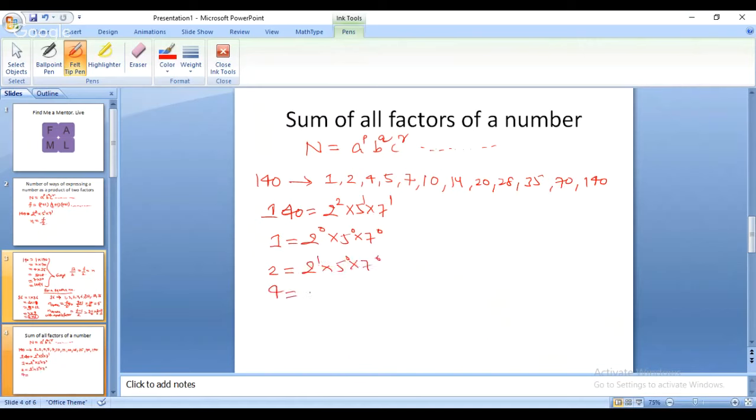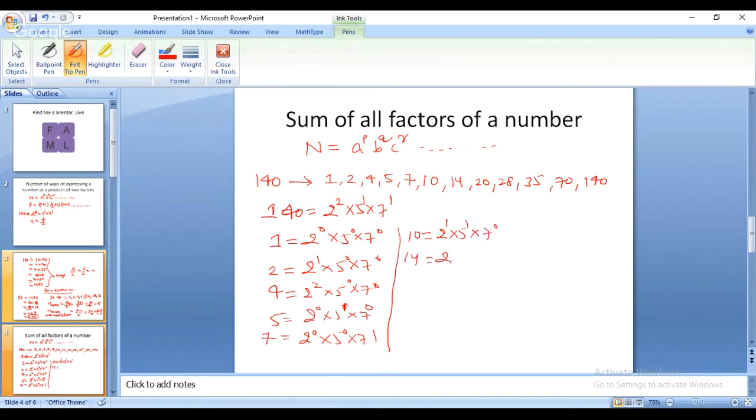If we put 4, 2 to the power 2, 5 to the power 0, and 7 to the power 0. If we put 5, it is 2 to the power 0, 5 to the power 1, and 7 to the power 0. If we put 7, it is 2 to the power 0, 5 to the power 0, and 7 to the power 1. If we put 10, it is 2 to the power 1, 5 to the power 1, and 7 to the power 0.